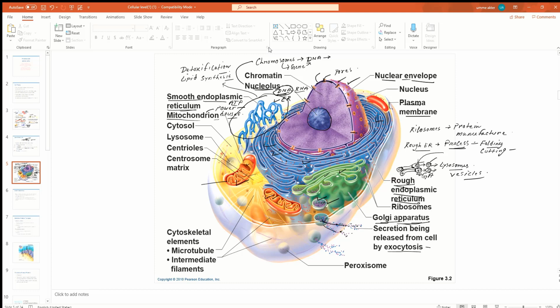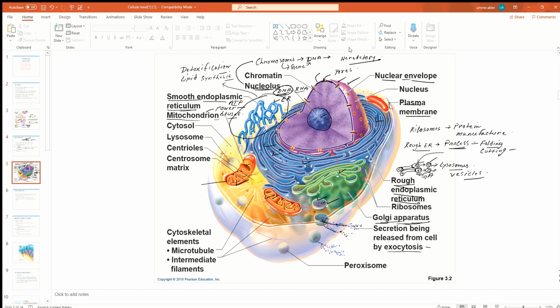So chromosomes, DNA, and genes are present in the nucleolus, and they are mainly responsible for hereditary information passed from the parents to the offspring. Very important.